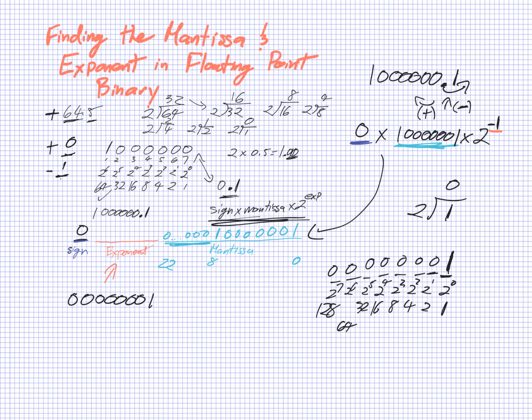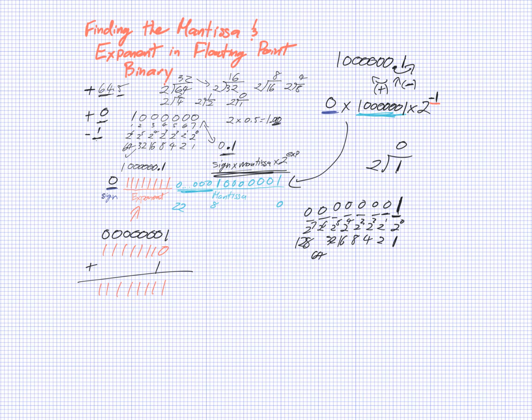With the 2's complement, we would invert all of these. Okay, and then we're going to do a little binary addition and add a 1. And lo and behold, our exponent ends up being 8 bits, and every binary value ends up being a 1. There's our answer. So our answer in this question is: the sign is equal to the binary digit of 0.